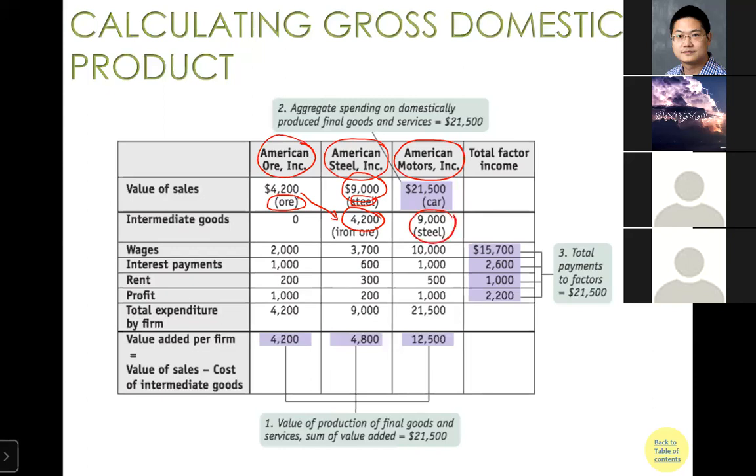Let's look at it, it goes to here. Everything will be consumed by another business. And American Motors is going to produce cars. The car is valued at $21,500. And who is going to purchase this car? Certainly, they are going to be bought by consumers.